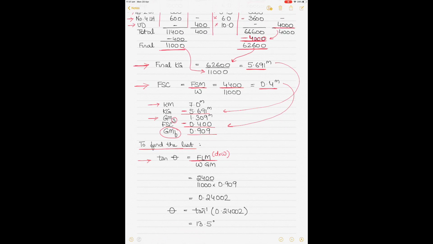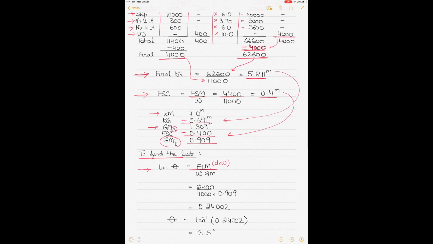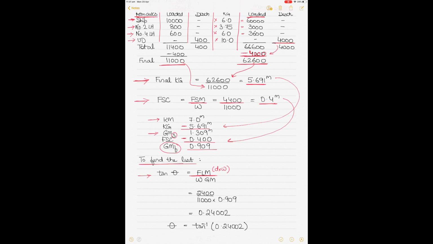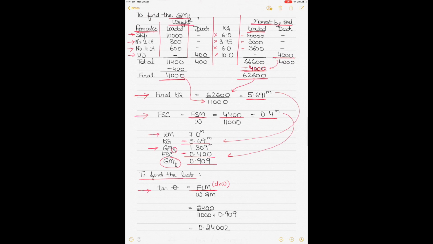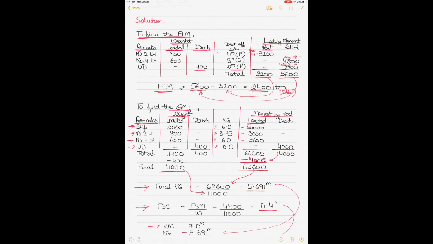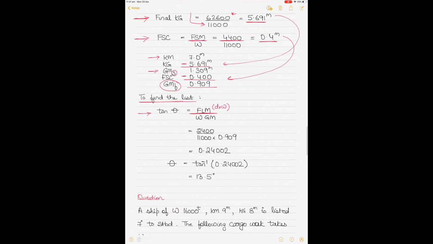This 2,400 is the final listing moment, which you calculated from above. That is the transverse shift of the weights. Then you divide it by displacement times GM, where GM is the final GM that you calculated just above.